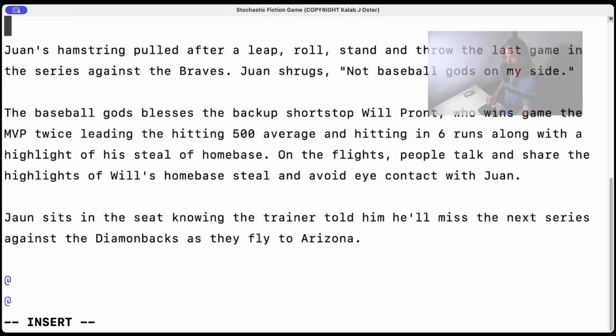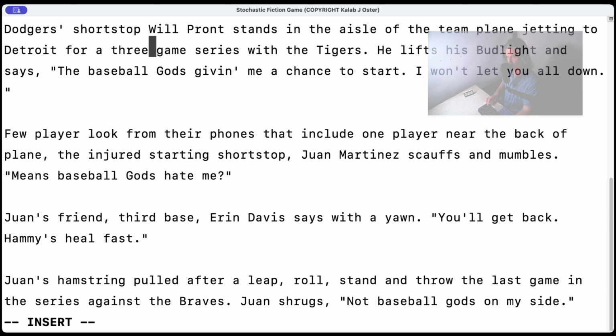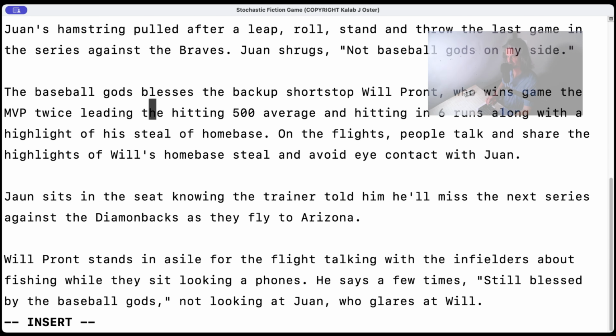Man, this sucks. My reading is, it's third baseman Aaron Davis. This sentence is horrible.